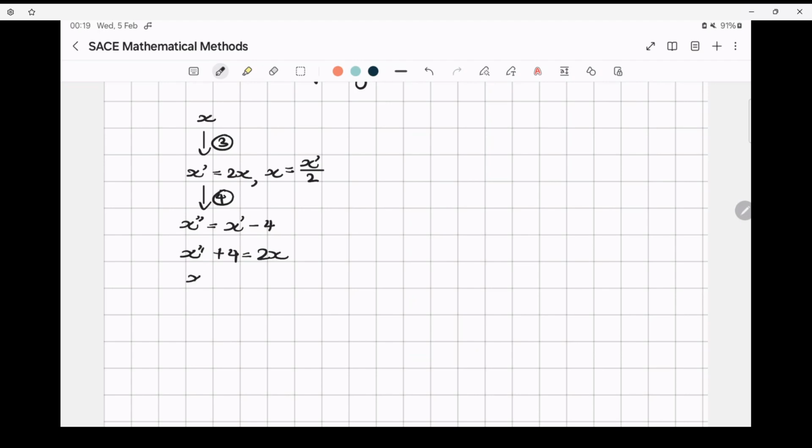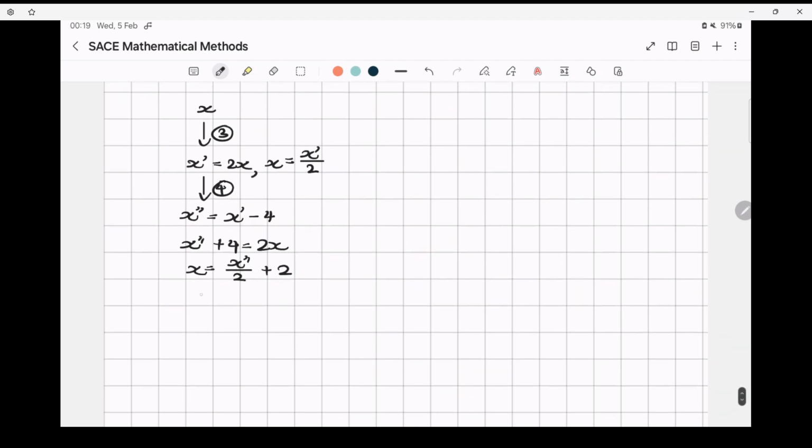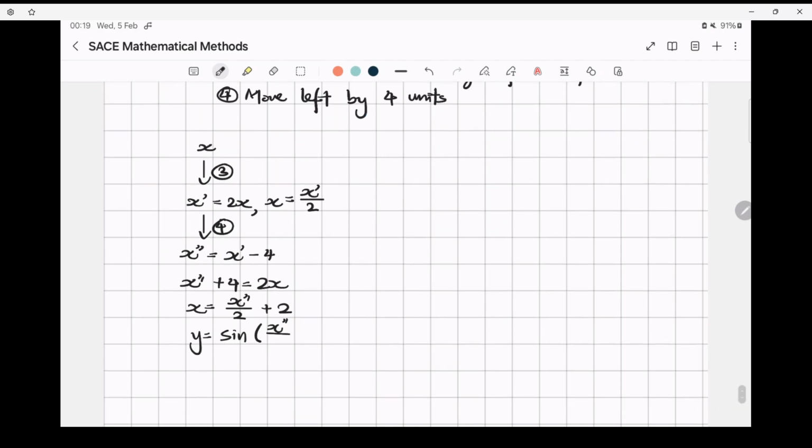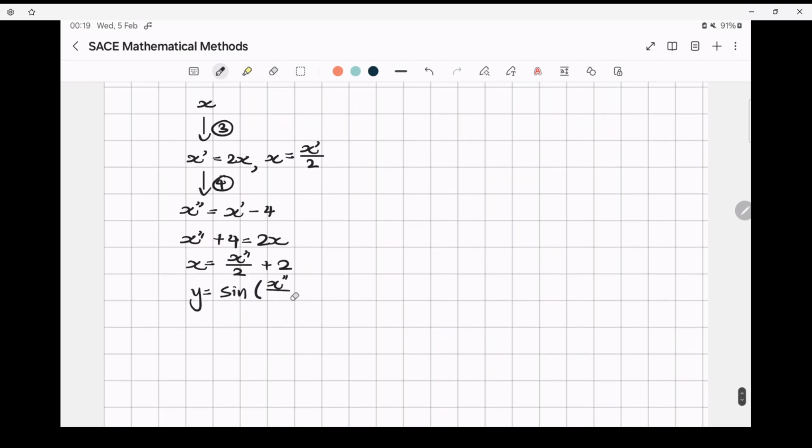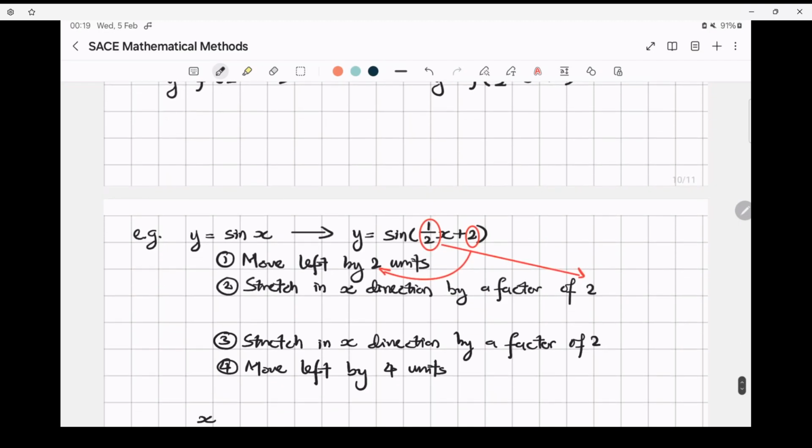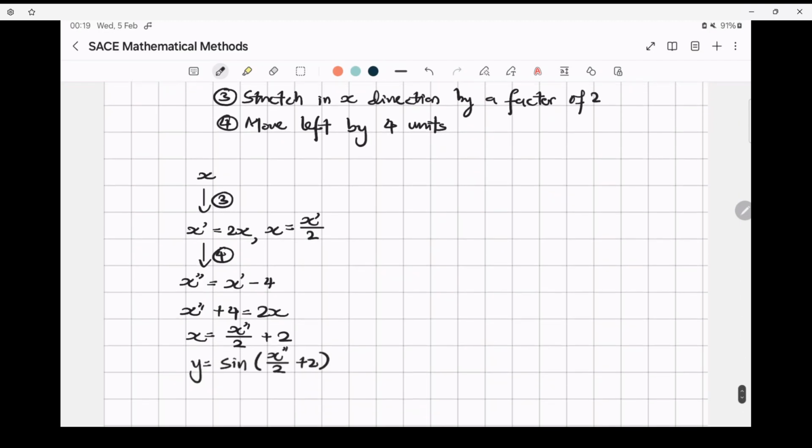So x will be x double prime over 2 plus 2. So finally you substitute this particular value inside. So your y equals sine of x double prime over 2 plus 2, which is exactly what the question asks.